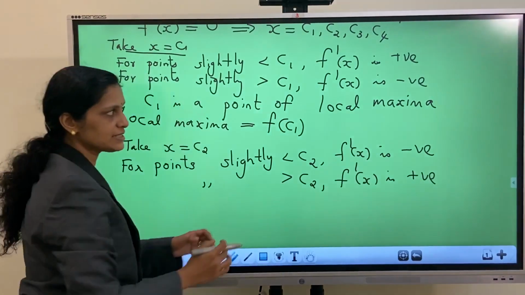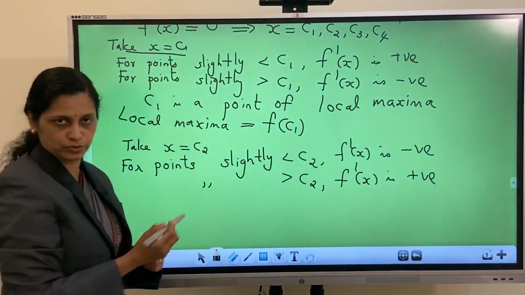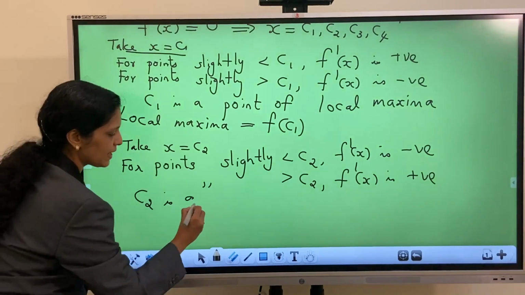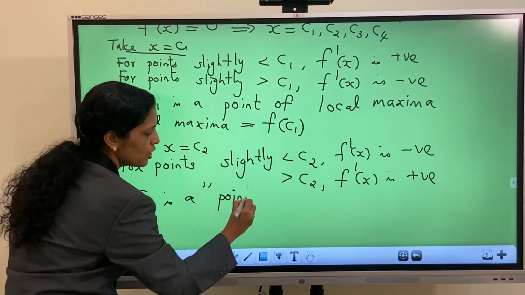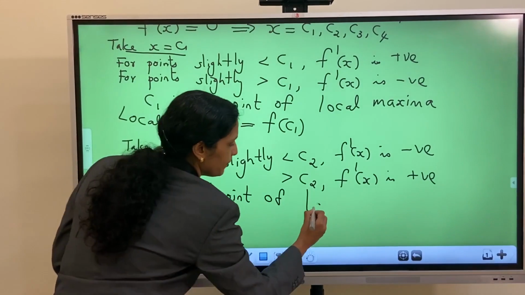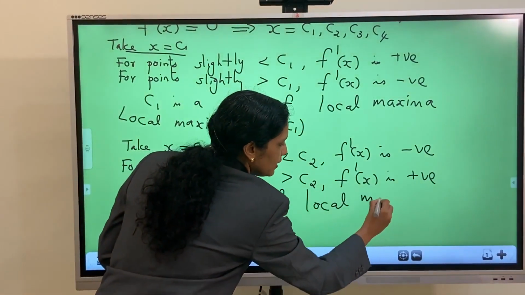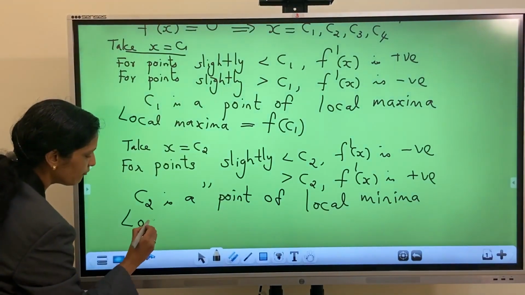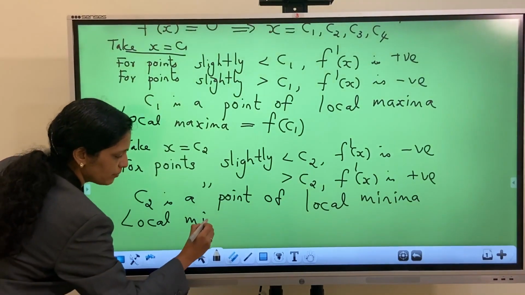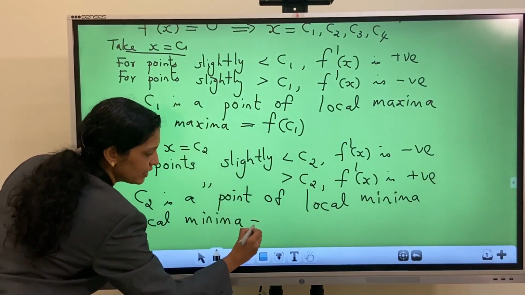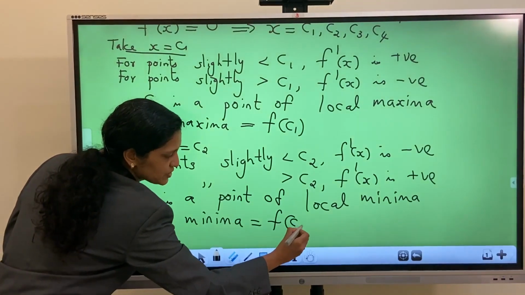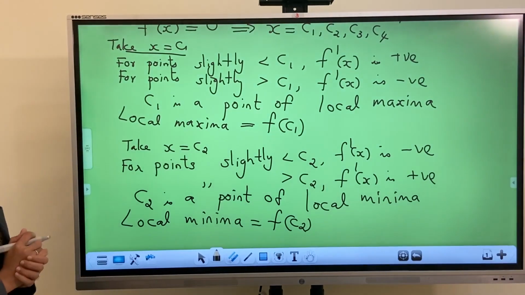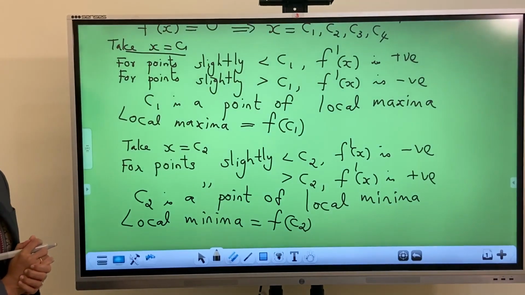That is, f dash x is changing from negative to positive. In that case, you can say that C2 is a point of local minima. And the local minimum value we can find by substituting C2 in f of x. F of C2 will give us the local minimum.